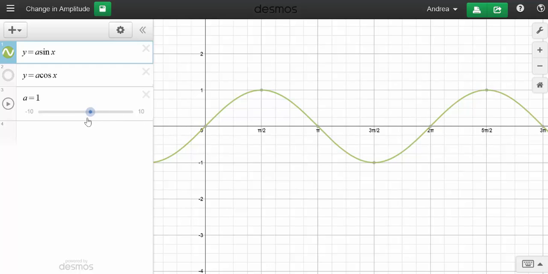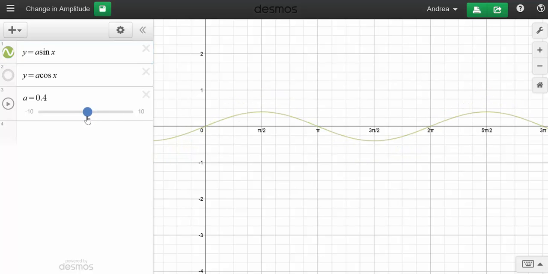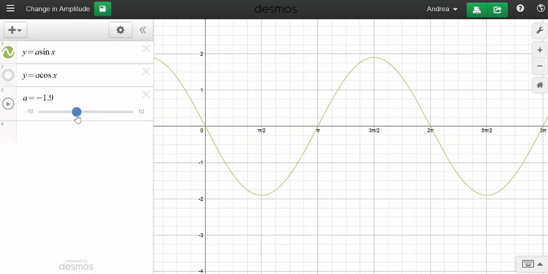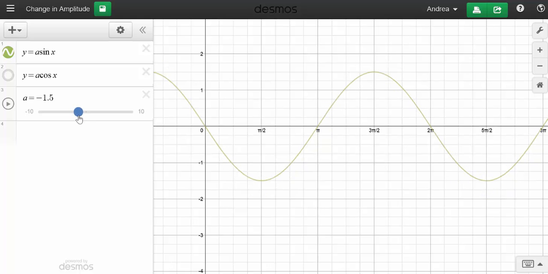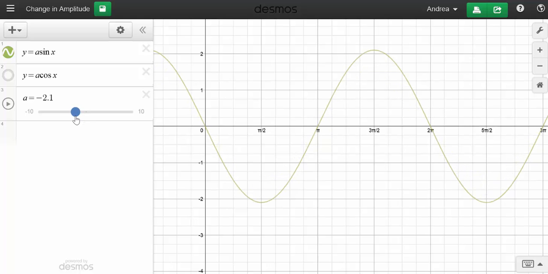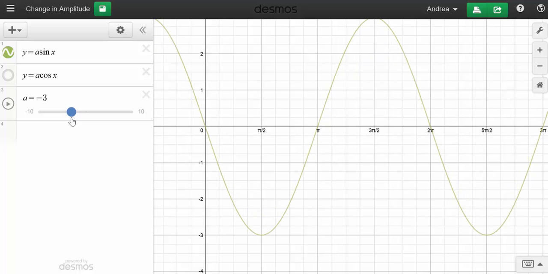Let's observe what happens when the number multiplied times the front of the function becomes negative. So you notice what happens as we switch over to negative numbers. The sine curve inverts or reflects through the x-axis. So let's put it at negative 3.